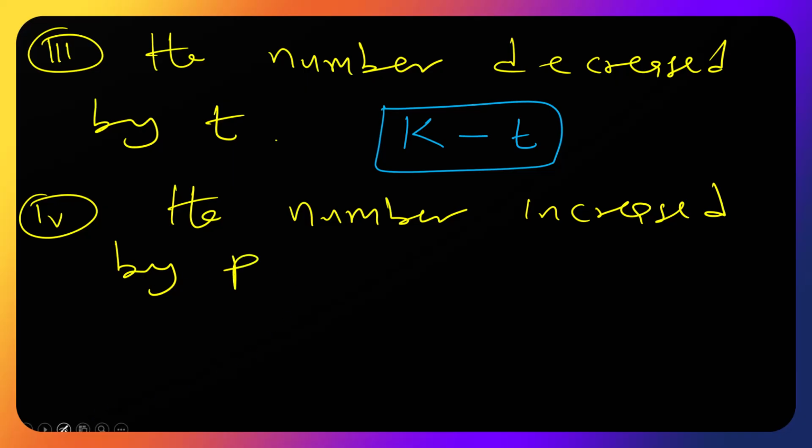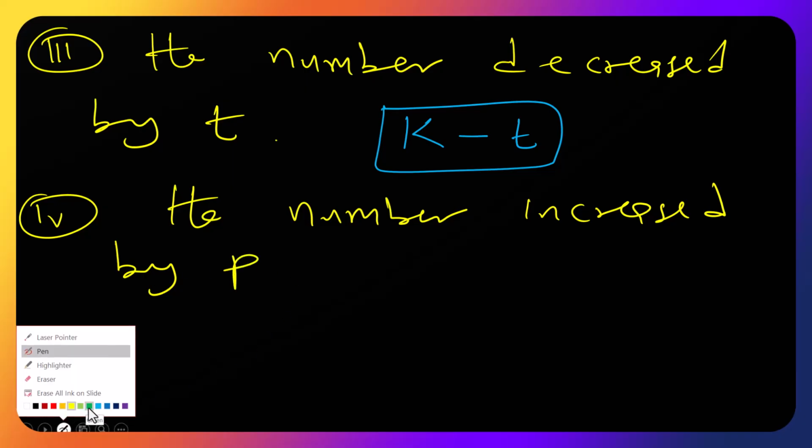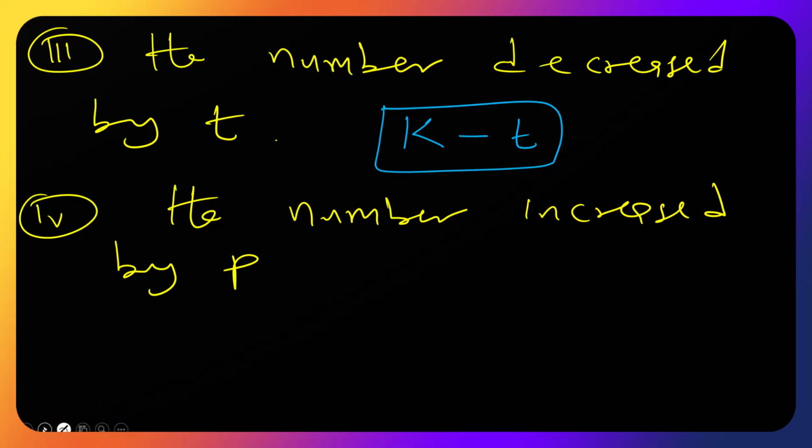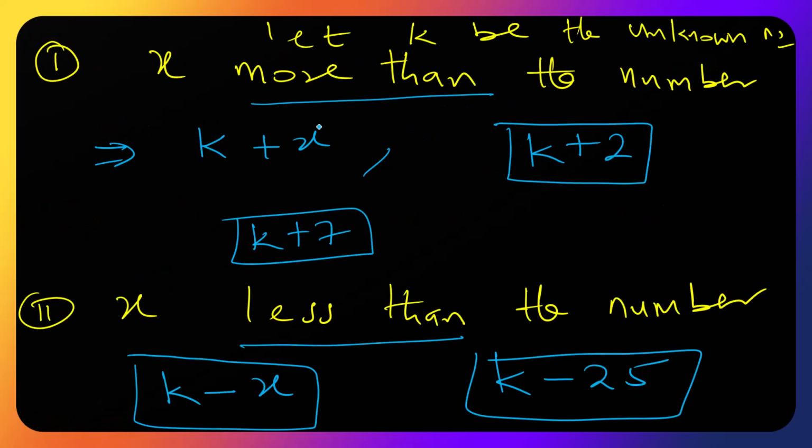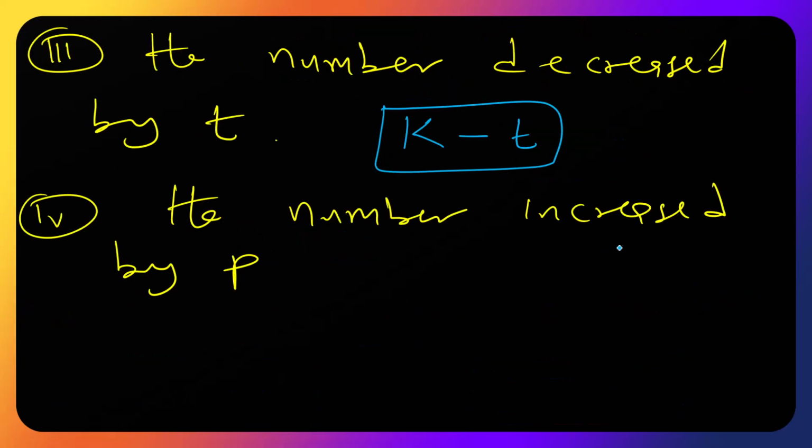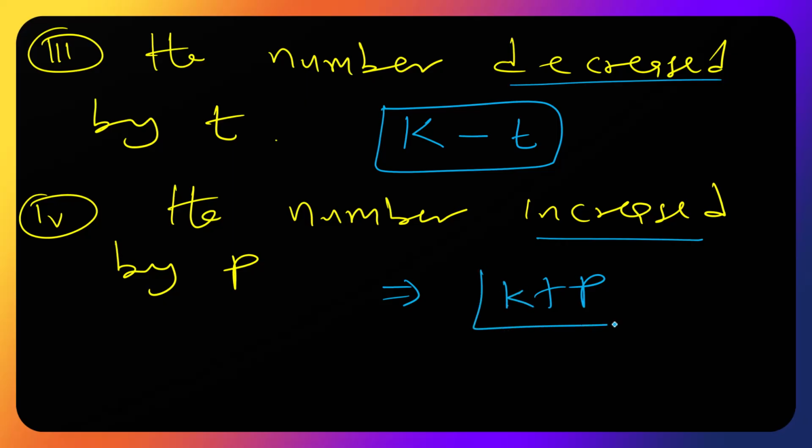The number increased by p is not different from x more than. So more than is more or less increased by. So increased, and this one is decreased, down by. So more than, this one will be plus p to the given variable. So we have this information. Simple as that.